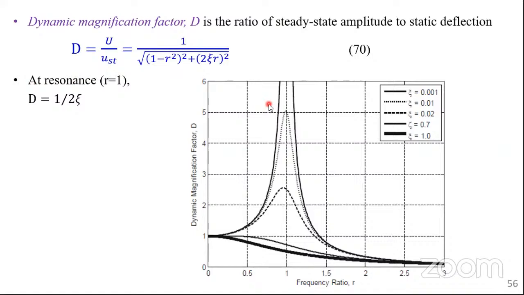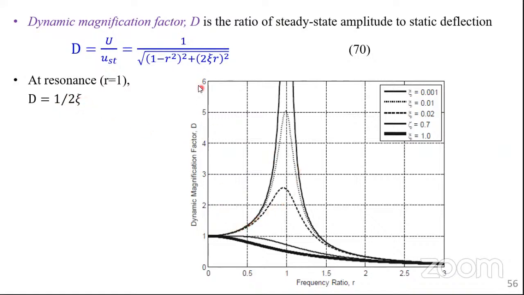When resonance occurs, this is what I was defining on resonance, the dynamic magnification factor simplifies to 1/2 xi.